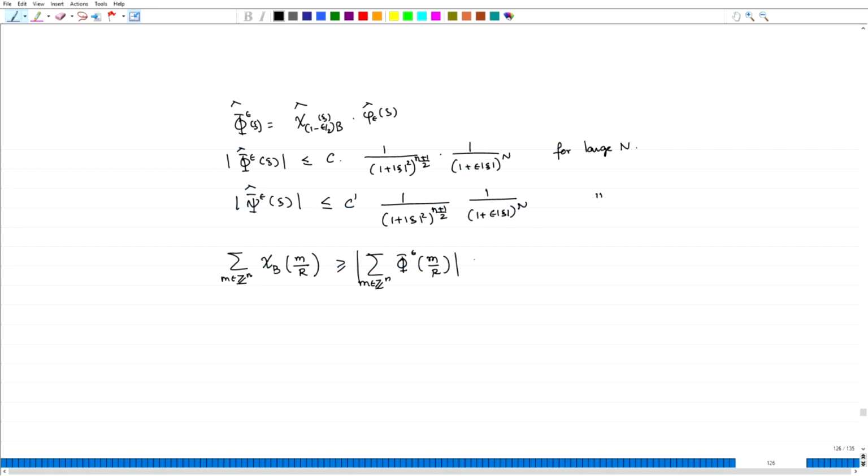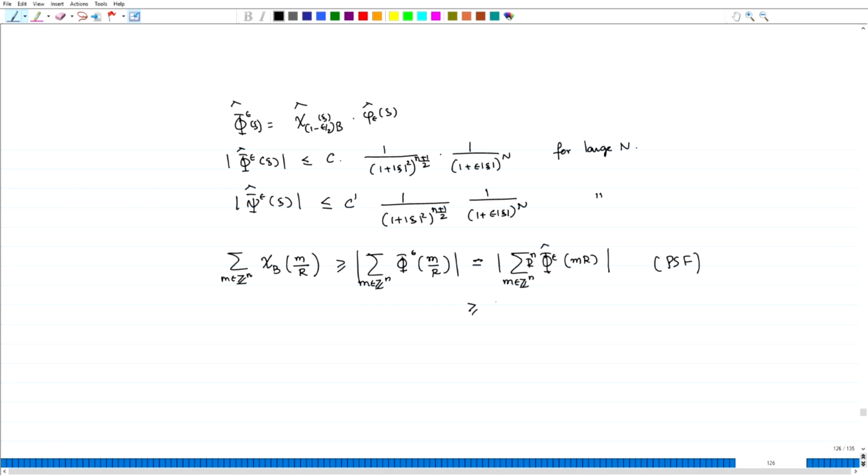So, we can write this as equal to the summation over m in Z^n, by the Poisson summation formula, of phi epsilon hat of m times r to the power n, and this is greater or equal to the term with m equal to 0 and then the rest of the thing.